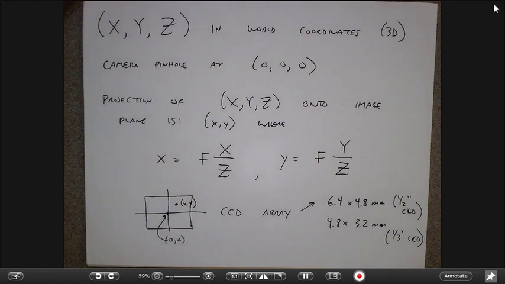Yes, so Lytro is another thing that's kind of interesting. We have one in the ERC. It's a little camera about this big, and instead of having a single lens that focuses light on a CCD, it has hundreds of micro lenses. What you're getting is images of the scene that are all from slightly different angles.